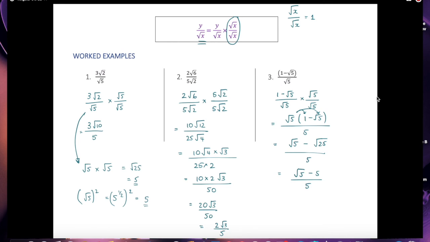Now if you're going to simplify it here, be very careful. If you are going to simplify it, I would write it as root 5 divided by 5 minus 5 divided by 5. That leaves me with root 5 divided by 5 minus 1.